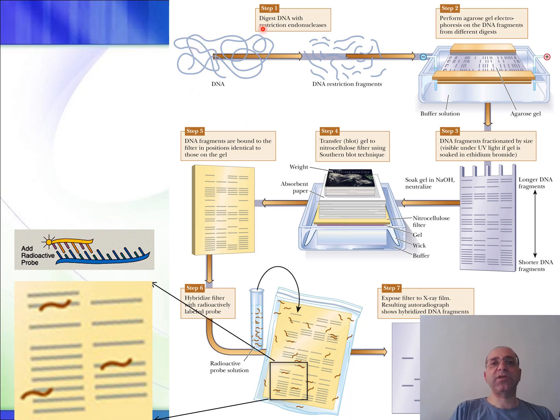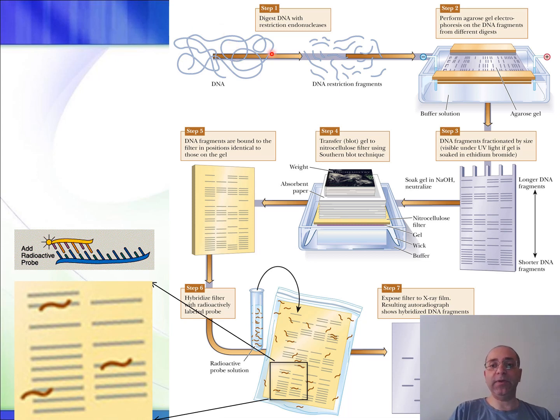So DNA is taken from an individual, and this DNA is fragmented by restriction endonucleases. Okay, we will talk about restriction endonucleases in the next lecture. So the DNA is fragmented. So you have the production of DNA fragments from this whole genomic DNA.